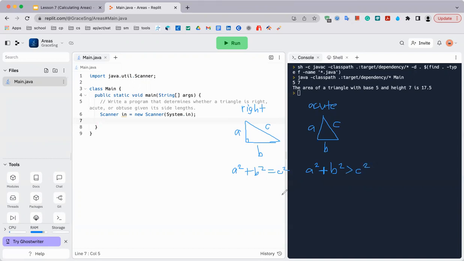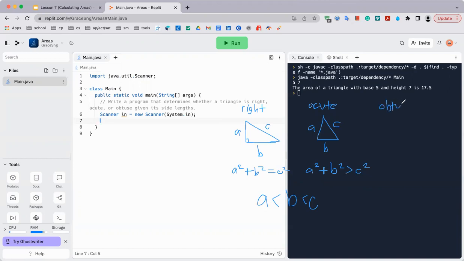One really important thing to note when we're doing these comparisons is that A is less than B and B is less than C. That's how it should be ordered. Got to be really careful with that.